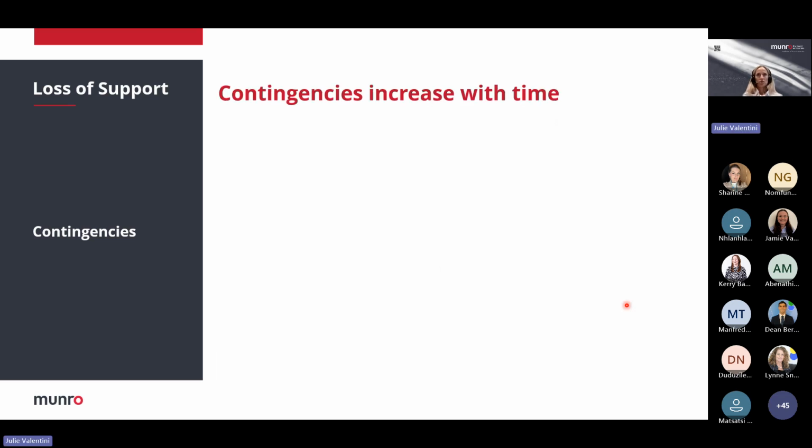I'm also going to show you standard contingencies. Again, they tend to increase with time. Just like the loss of earnings, the future periods tend to have higher contingencies than past periods. They tend to be higher for spouses in future because spouses are dependent for life, whereas children, as I said, tend to only be dependent until age 18 or 21.